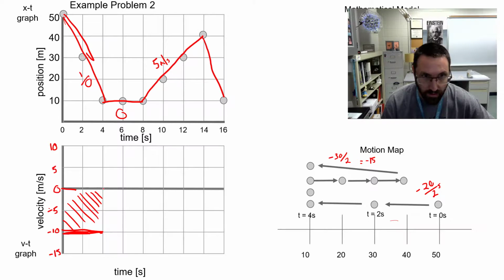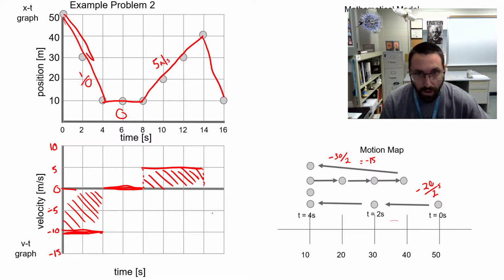Then for the next couple of seconds, we had no velocity. It was at rest. After that, we were traveling at 5 meters per second for 6 seconds. And then we had a final velocity section, negative 15.